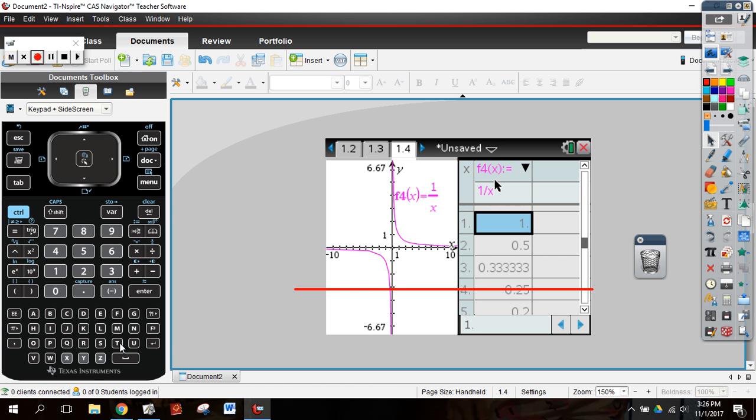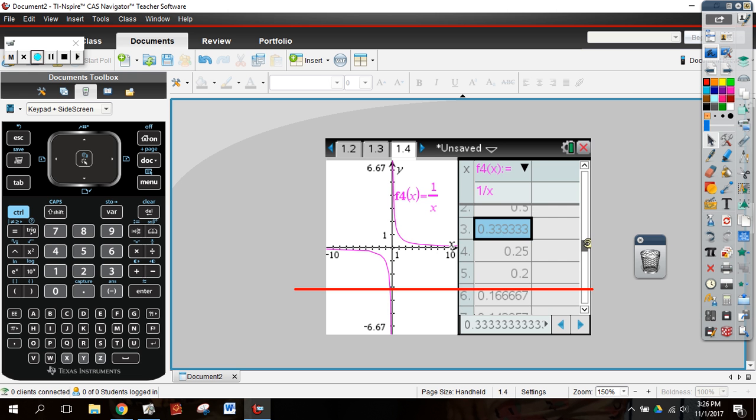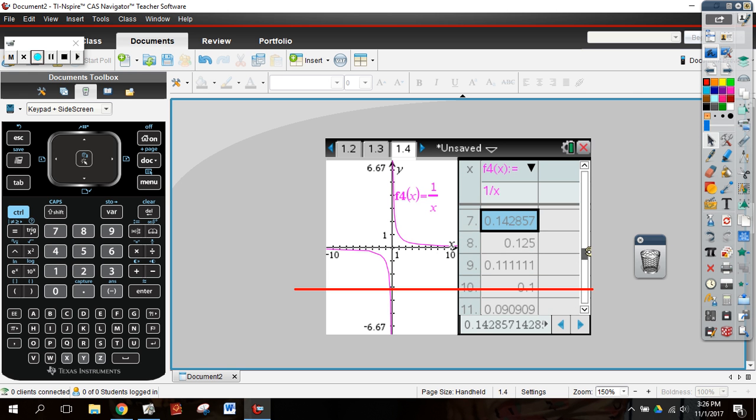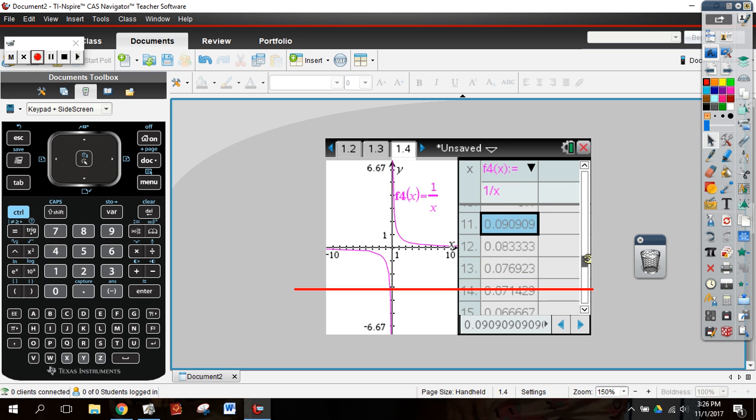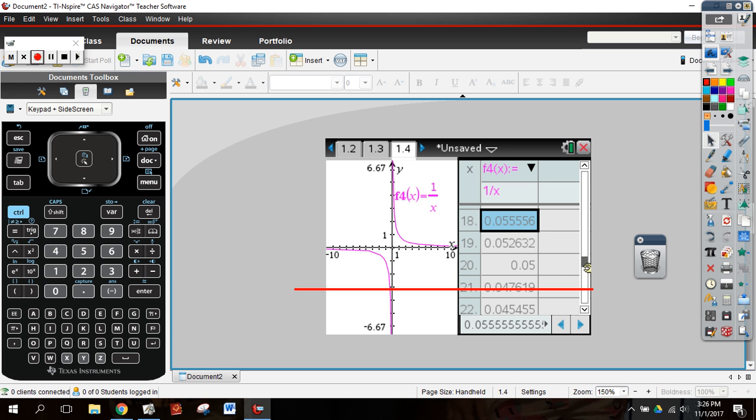Okay, if you look at the table here, this column right here represents the outputs in that table. And if you notice, there are no repeats, okay? And that's the definition of one-to-one, that your output can never repeat. You should have a different number for every single input on your table.